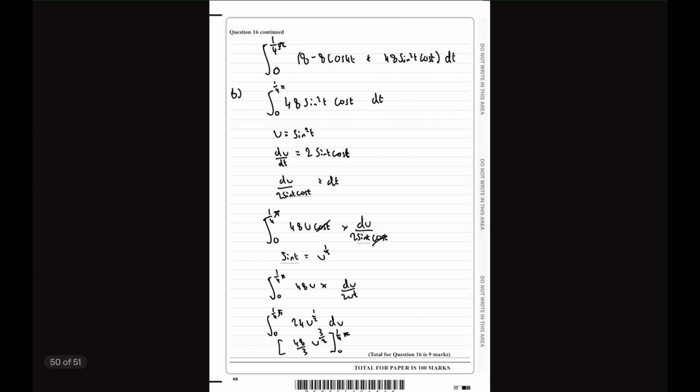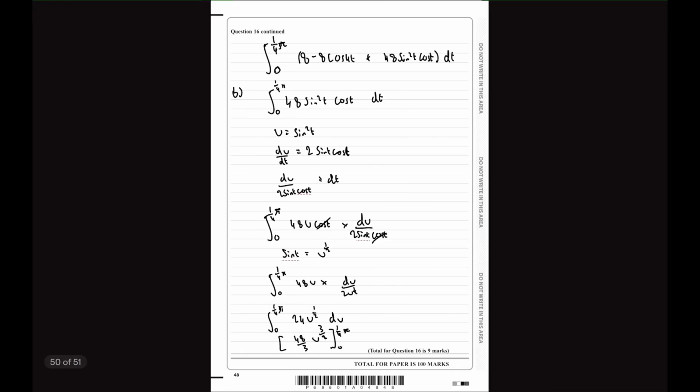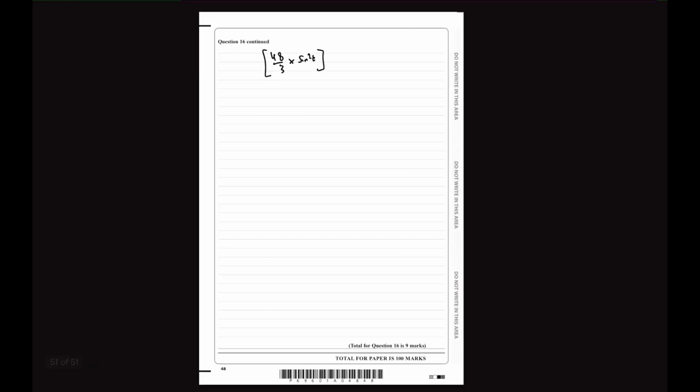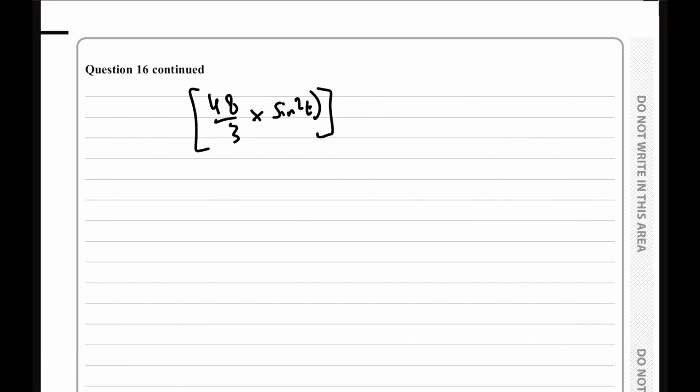Okay, so now if we look at our integral, let's sub in that u. So 48 over 3 times by sine squared t, and was it to the power of 3 over 2? So sine squared t to the power of 3 over 2 with the bounds 1 over 4 pi and 0, right?